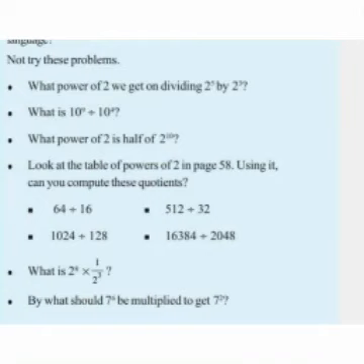Using it, can you compute these questions? 64 divided by 16, 512 divided by 32, 1024 divided by 128, 16,384 divided by 2048. Fifth, what is 2 raised to 8 into 1 by 2 raised to 3? And last question, by what should 7 raised to 6 be multiplied to get 7 raised to 2?